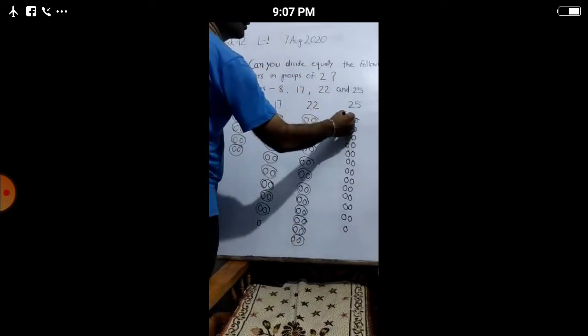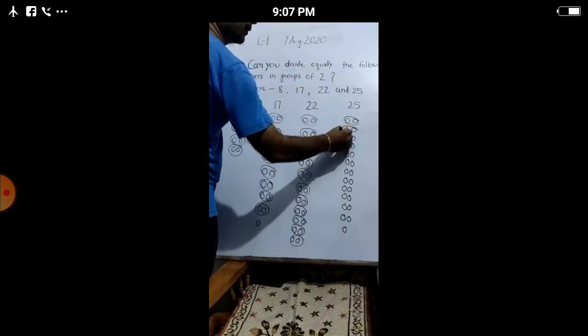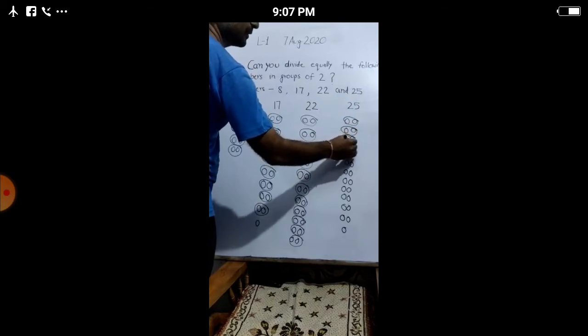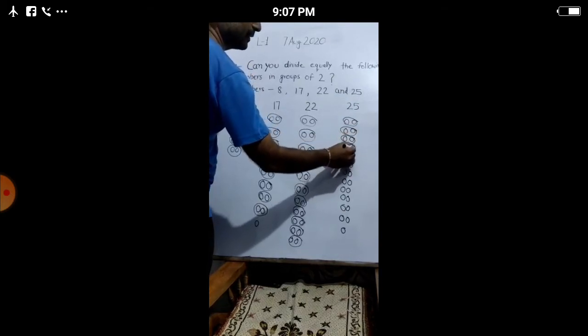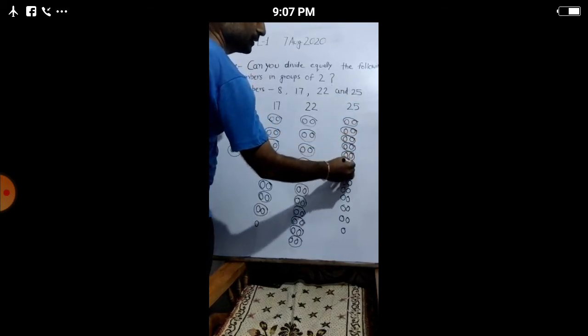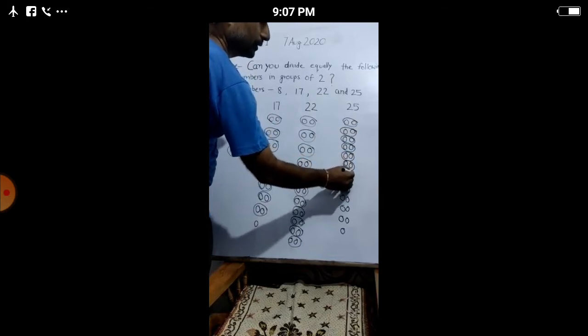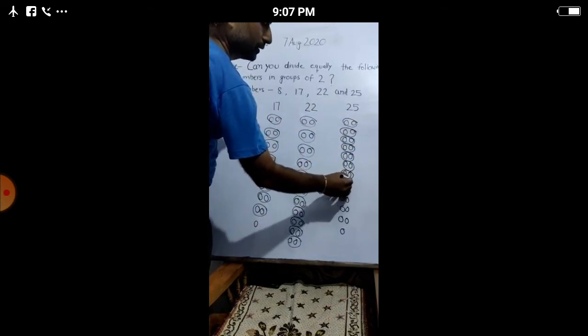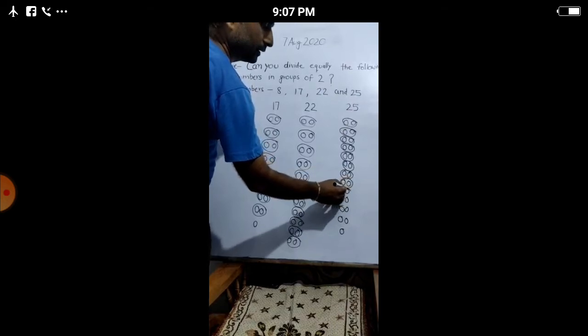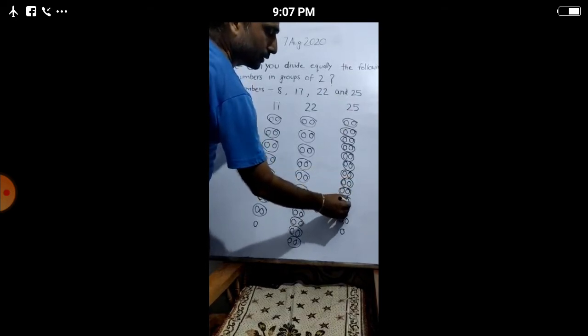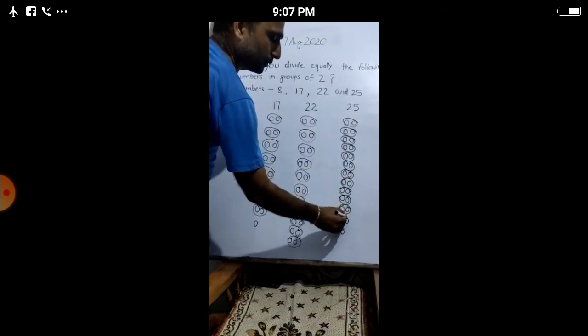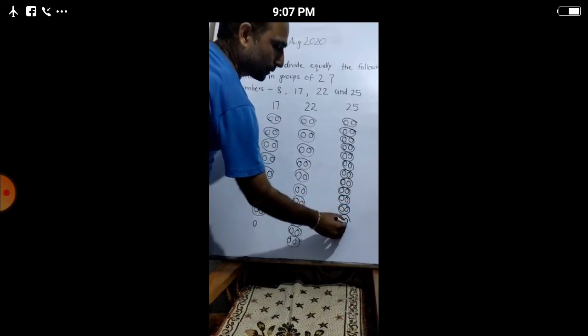So first group 2, 4, 6, 8, 10, 12, 14, 16, 18, 20, 22, 24 and 1 is left.